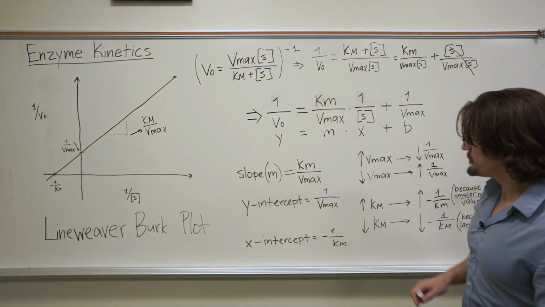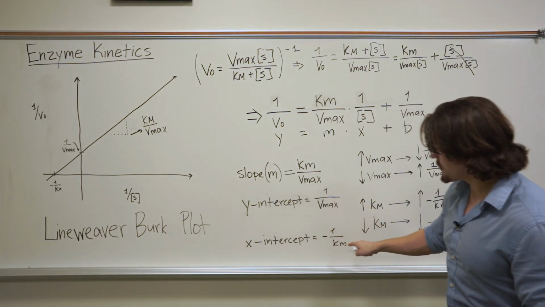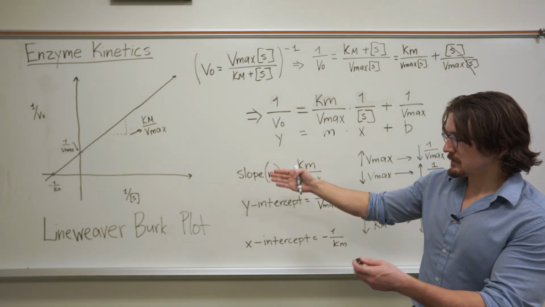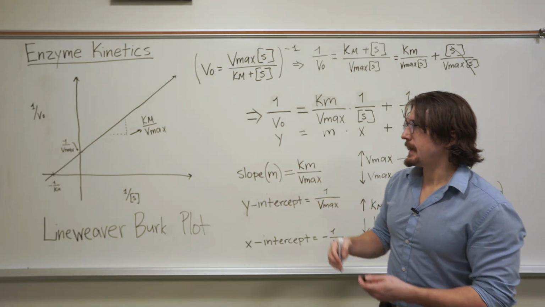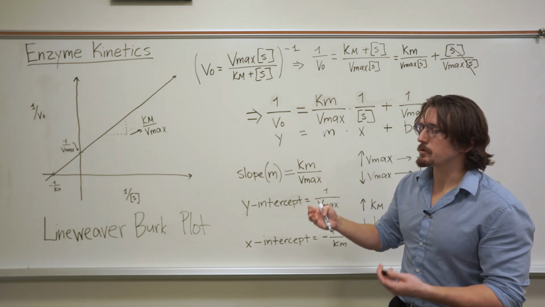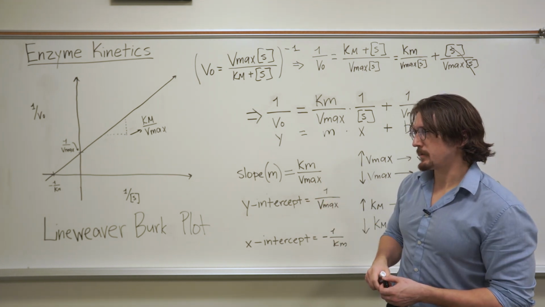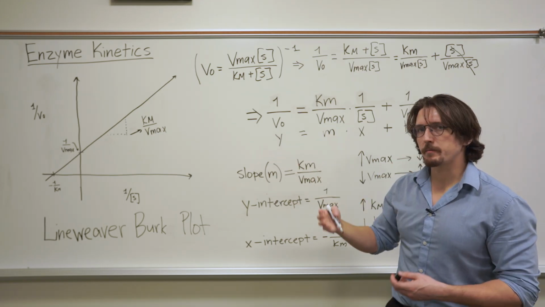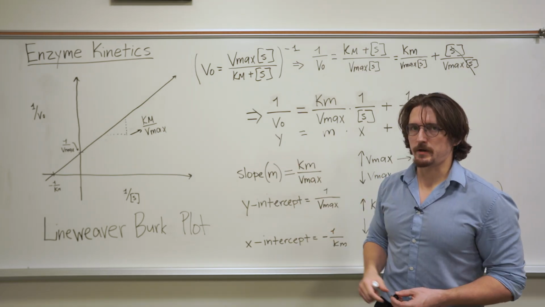These terms are really important because we're going to use this plot to analyze how the presence of different types of inhibitors changes both Vmax and Km. And it's oftentimes these plots that you're going to see on the MCAT in passages relating to enzyme inhibition.